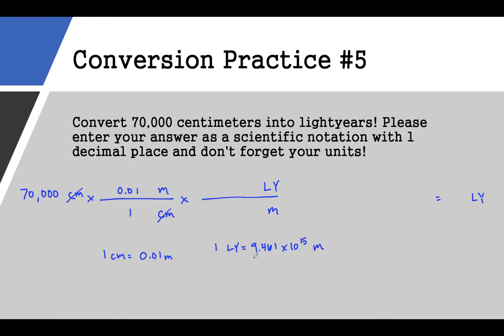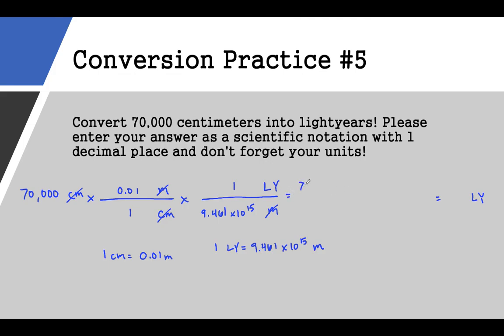So we determine the orientation, and we say the 1 goes with light years. My scientific notation goes with the meters, 9.461 times 10 to the 15th, and we cancel out our units, meters. Now we know our light years match, so let's solve it.